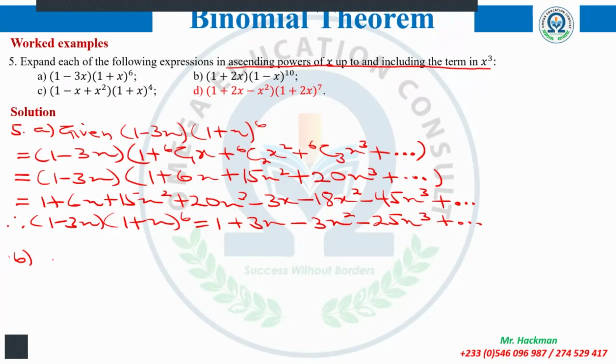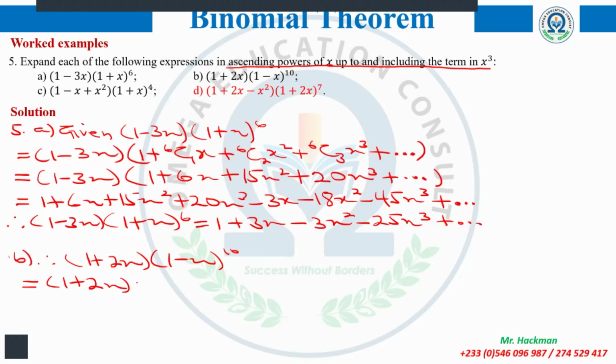So B, what are we given? I'll write 1 plus 2x, into 1 minus x to the power 10. This will be equal to, this I won't expand, so it will be 1 plus 2x. Then come and expand this. Fortunately for me, my power is a positive integer and my first term is 1.